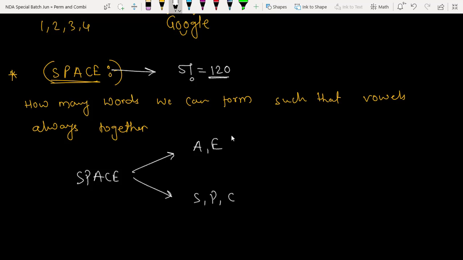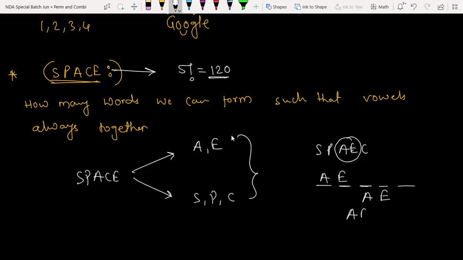So I want words like S, P, A, E, C where A and E are always together wherever they may be. Out of these 5 places, these 2 should be adjacent to each other. So AE may come here, or here, or here.